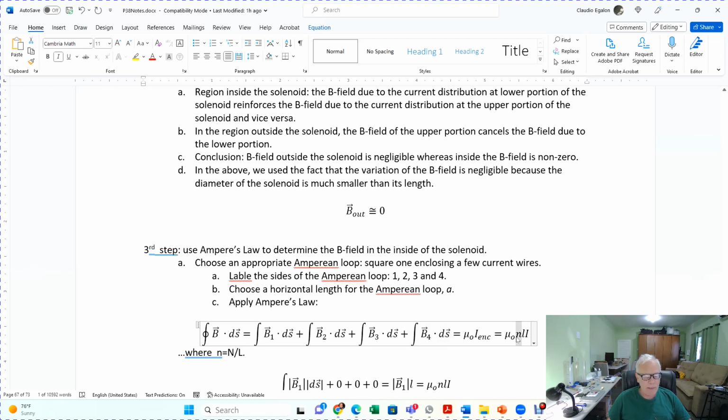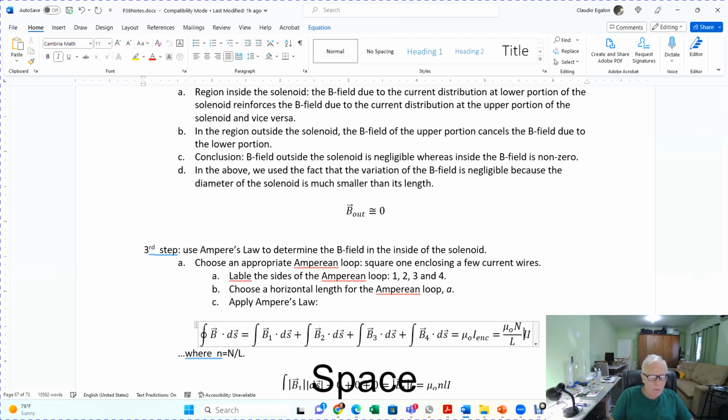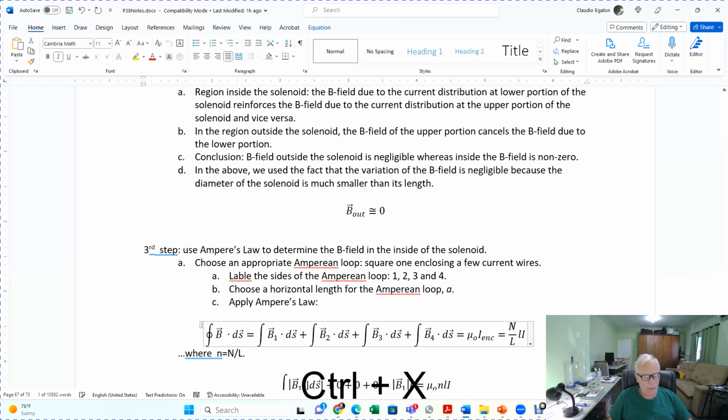What you end up having here, I'm going to write it down. Don't forget, N divided by L is the density of loops.